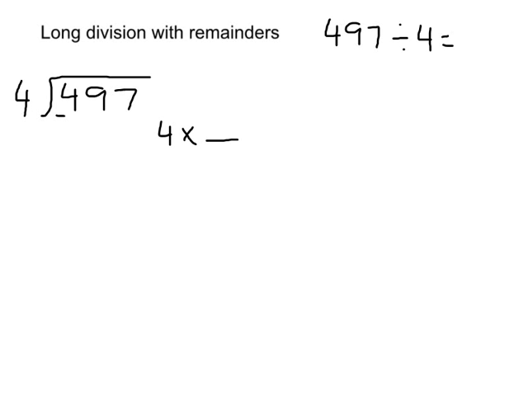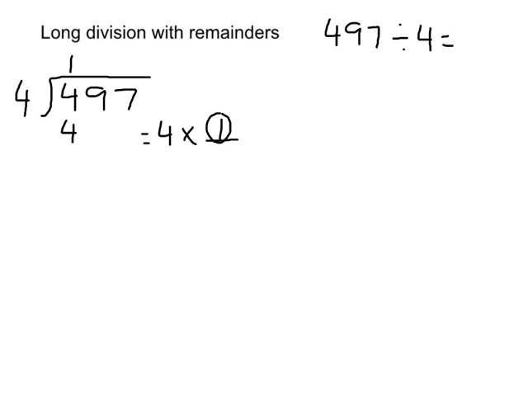So, for this case, how many groups of 4 can go into 4? It is 1, or 4 times 1 will equal 4 in this case. So we can do our 4 times 1, and that goes under the 4, and the 1 is going to be written on top of the 4.